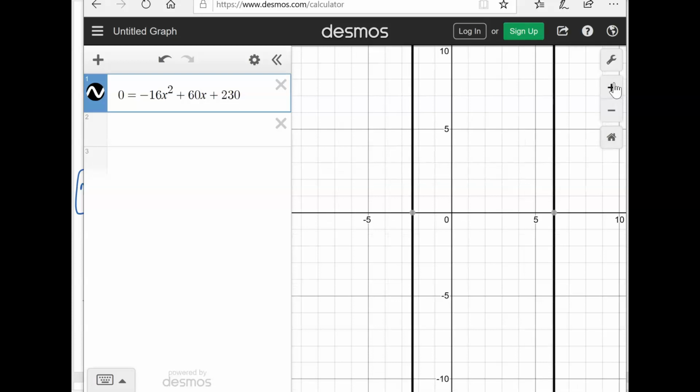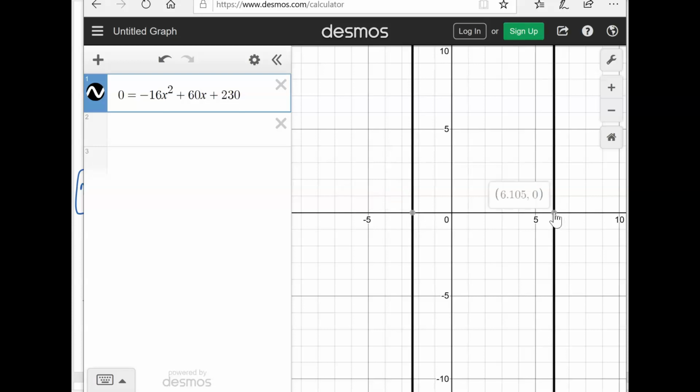There we go. Again, we're looking for when the height is 0. We've got two options, negative 2.355 and 6.105.